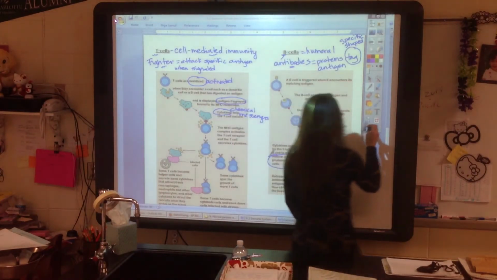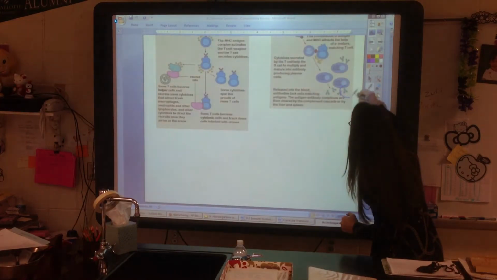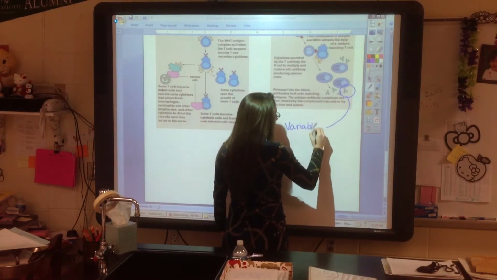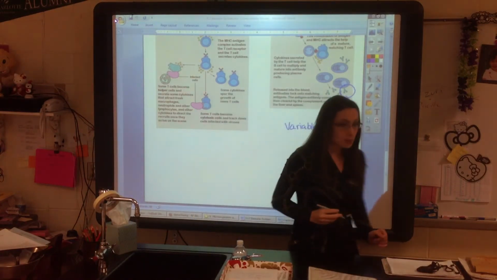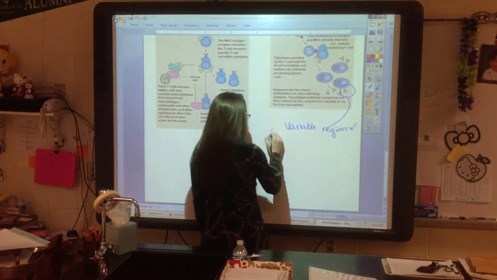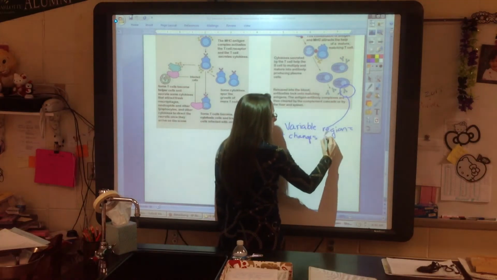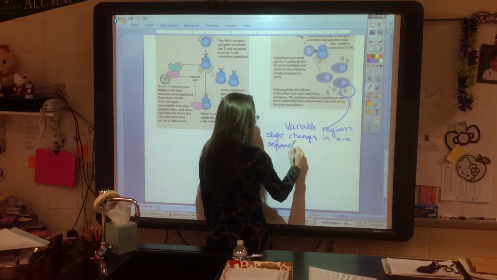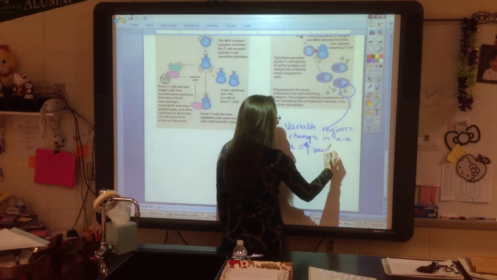Now we need to talk a little bit more about these antibodies for just a moment. When you see this antibody, there's something on the antibody called a variable region. The key about the variable region is that we're able to make slight changes in the amino acid sequence, which equals a large variety of shapes.